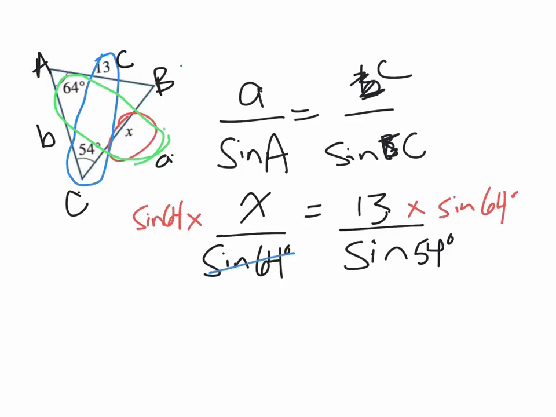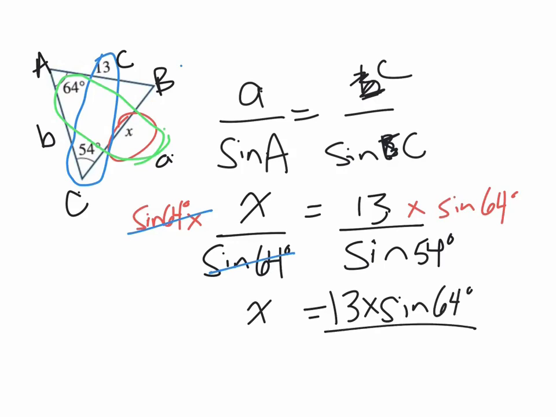That means that these two cancel out. Once those two have canceled out, my remaining equation is x equals 13 times the sine of 64 degrees divided by the sine of 54 degrees.